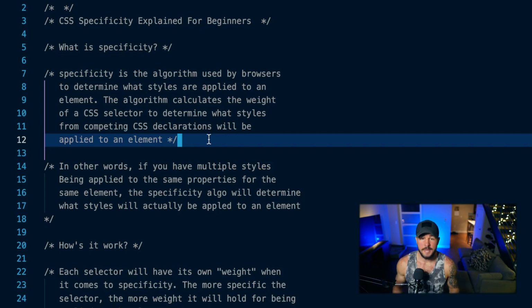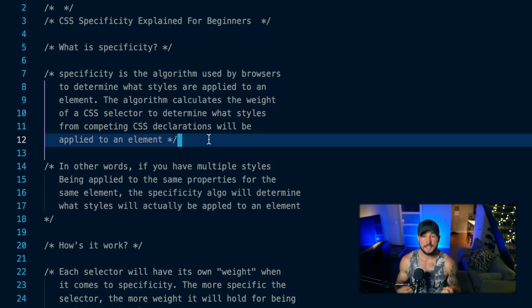So for example, let's say that you have two different CSS rules and both of them select an H1 element and you apply a color property to both of those. Well, the specificity algorithm, depending on what selector you use to apply those styles to that element, is going to determine which style to actually apply to that color property for that H1 element.